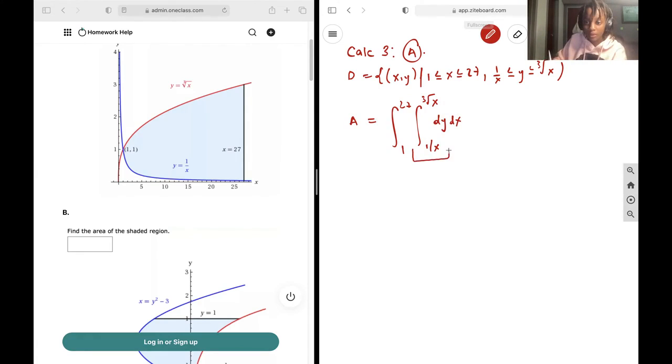So first we're going to deal with this part, and this just becomes the integral from 1 to 27 of y from 1 over x to the cube root of x, dx. And this becomes what we had seen previously in the calculation, the integral from 1 to 27 of cube root of x minus 1 over x dx.